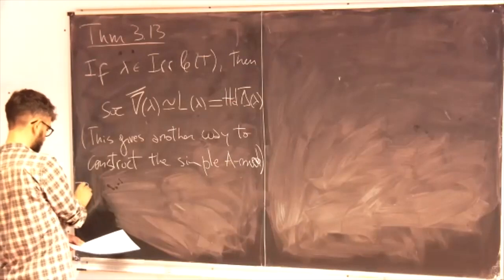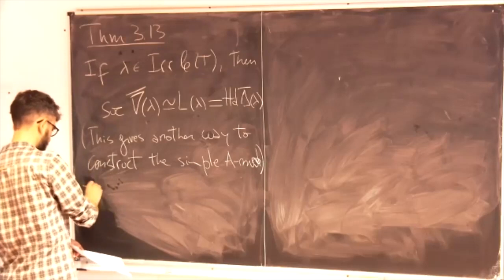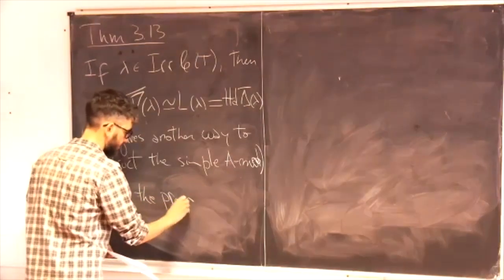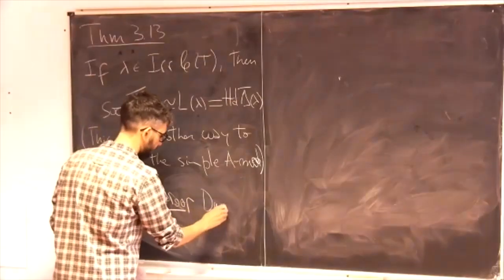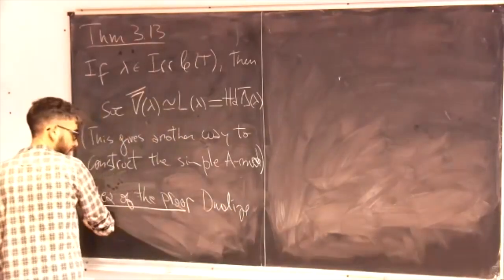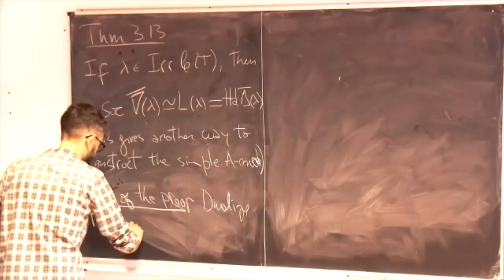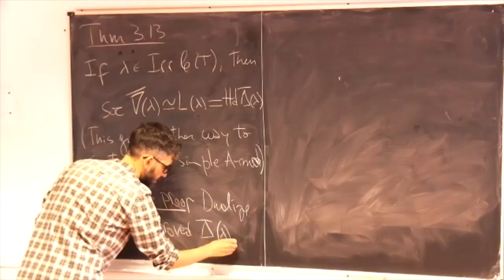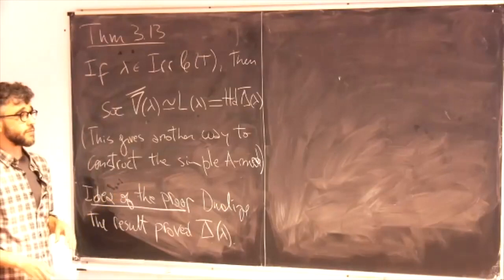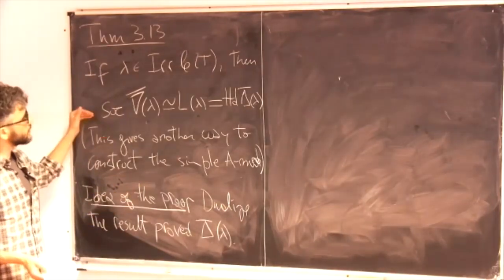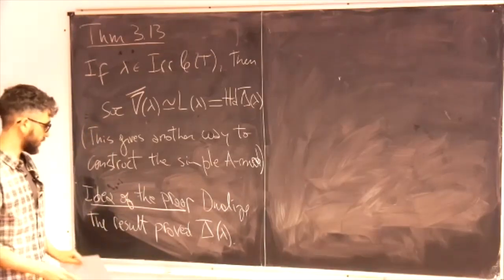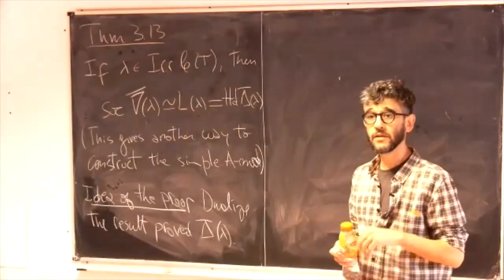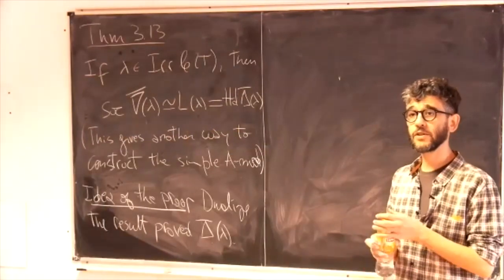I just mention the idea of the proof: it is more or less dualizing the results proved for the proper standard modules. By dualizing and using the properties of this functor, one can prove it, but that is enough for us. Are there any questions?